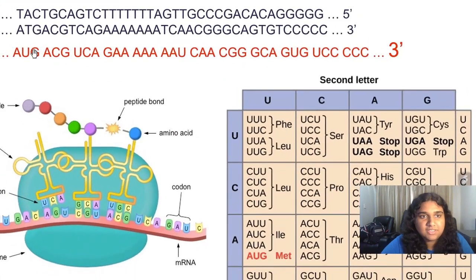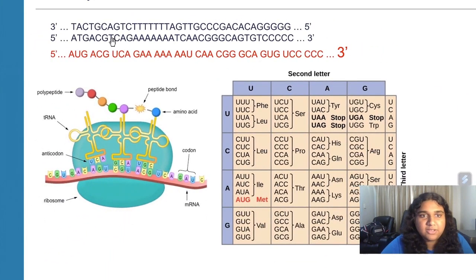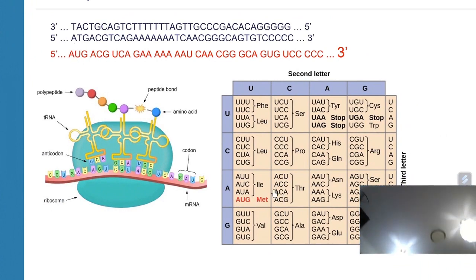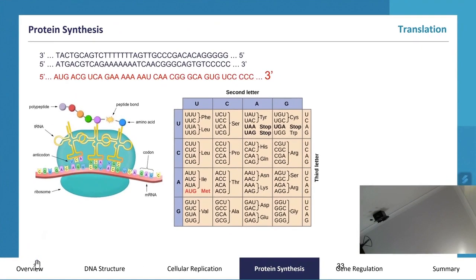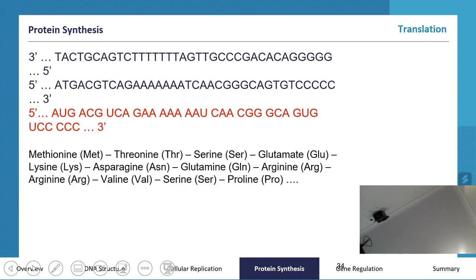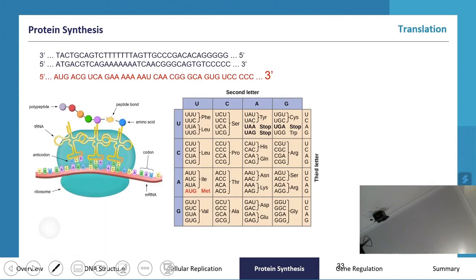After that, each of these codons will be read into an amino acid. So for example, AUG right here is our MET. I'm just going to translate it with you guys. The answer is on the next slide if you want to move forward, but I have AUG, which is MET, ACG.